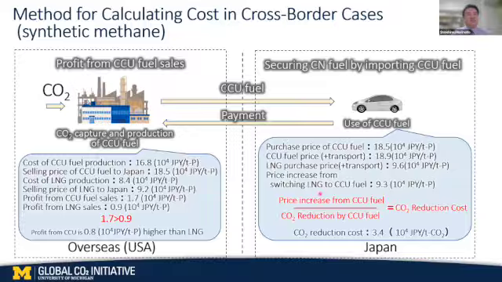But if you just divide the price increase of CCU fuel by the CO2 reduction amount, the cost will be 3.4 Japanese yen per ton of CO2.